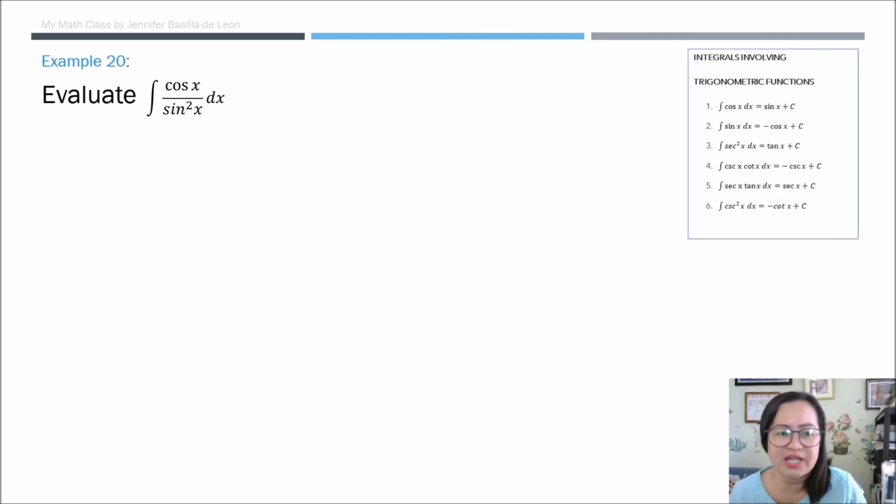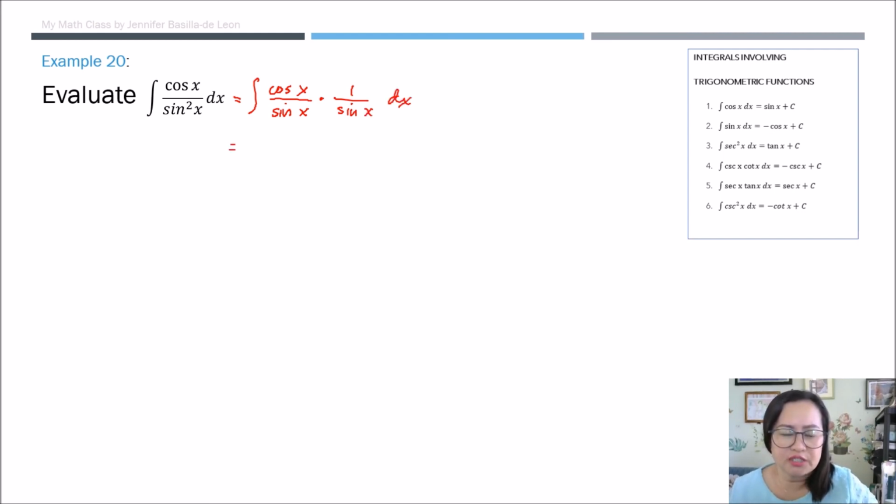Now let's have the last example. Let's determine the function having the derivative of cosine x over sine squared x dx. Now, we can rewrite this as cosine x over sine x times 1 over sine x dx.